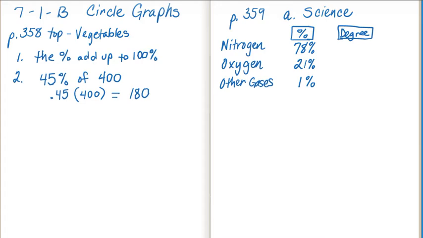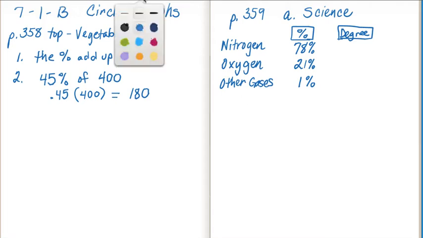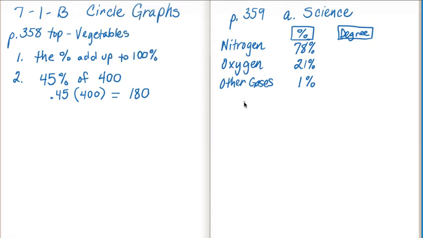And if you think about, okay, we want to turn this into a circle graph, well, how many degrees are there in a full circle? There are 360. So if we're going to take nitrogen, the percentage, I'll just abbreviate, is 78%. We want that to be 78% of the entire circle.